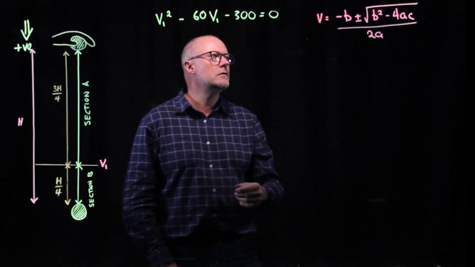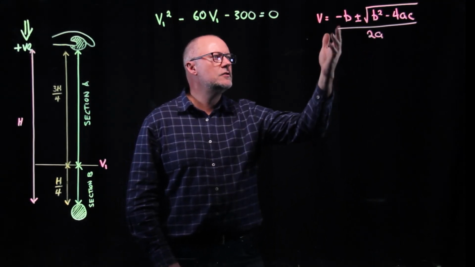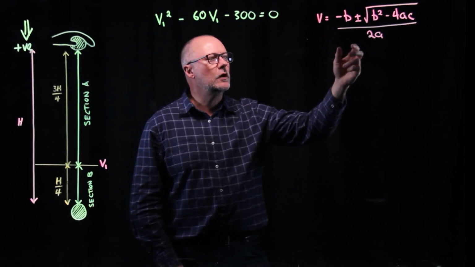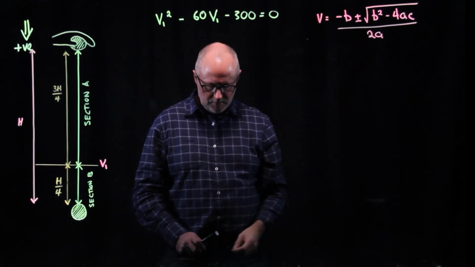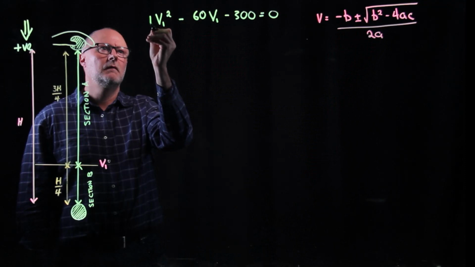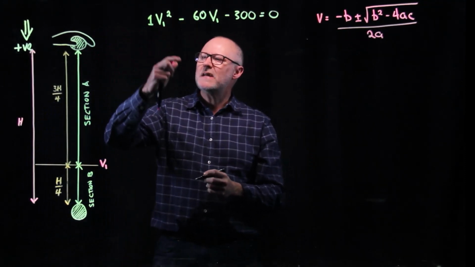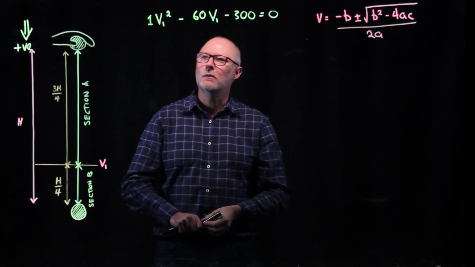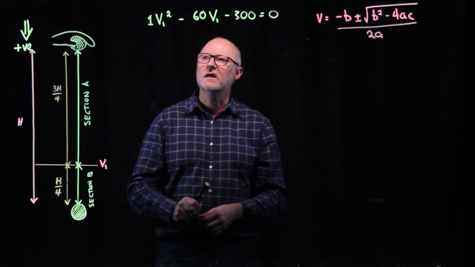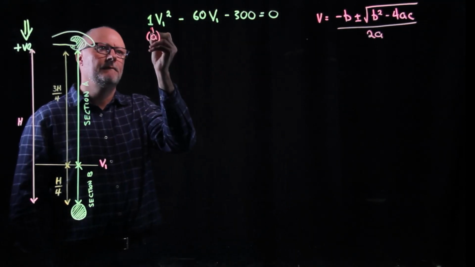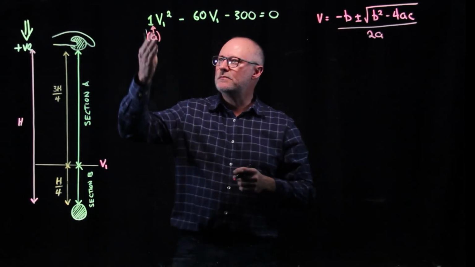Now to solve this, we use this equation. It uses values, or coefficients, a, b and c. Let's highlight those. A v1 squared is the same as having 1 out the front, 1 v1 squared. It makes our terms a lot easier to understand. So our coefficient a is represented by the number 1.